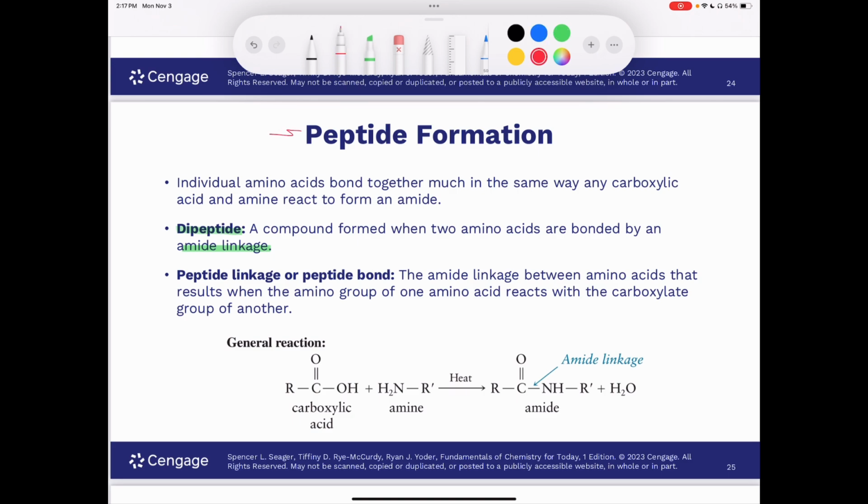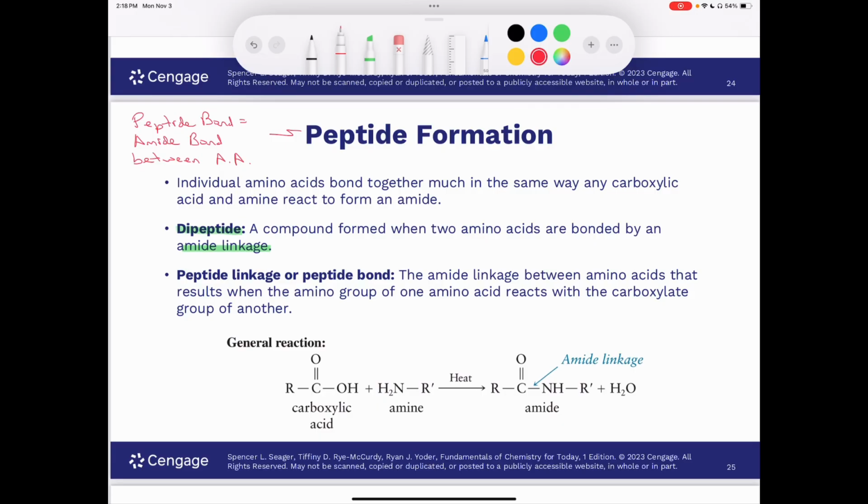So whenever you hear chemists talk about peptides or peptide bonds, a peptide bond is nothing more than an amide bond, but it's between amino acids. That's all it is.